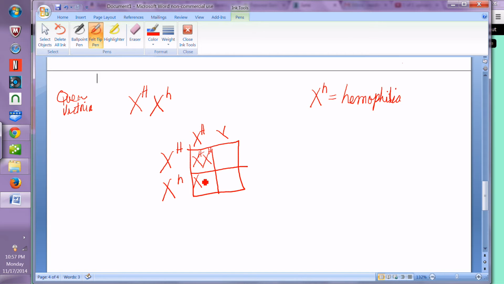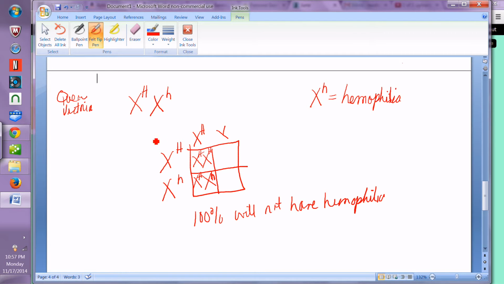So let's go ahead and look at our girls. So 100% of the girls will not have the hemophilia. But if you look at this, one of them is going to be a carrier. So we have one that's a genetic carrier because this girl has the recessive trait.